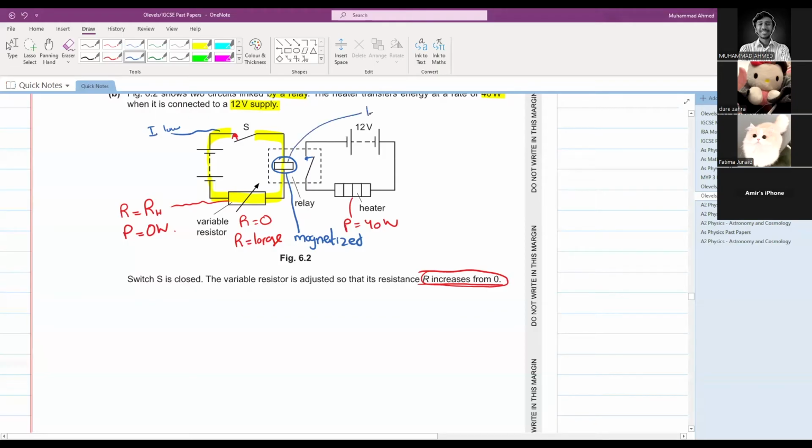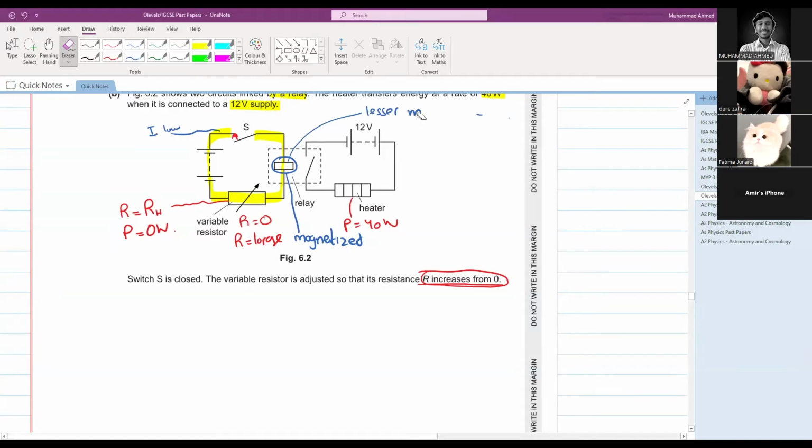It has a lesser magnetic field. If it has a lesser magnetic field, it will not attract the relay and the switch will not close. Hence, the heater will receive a power of zero. Is this entire process clear to you guys?